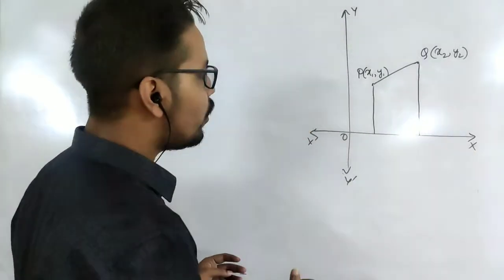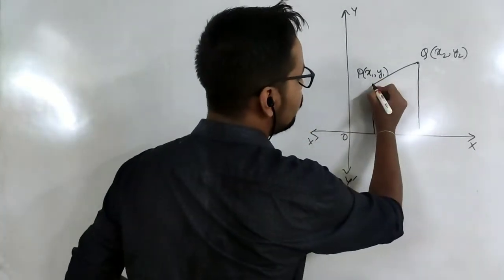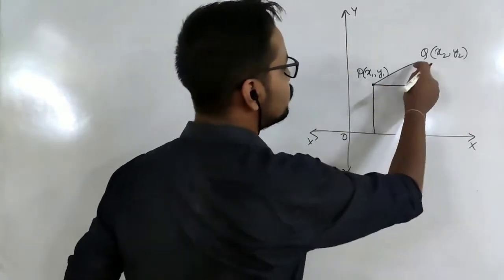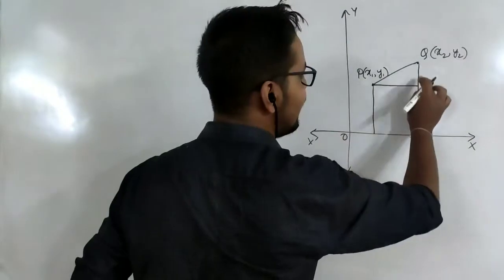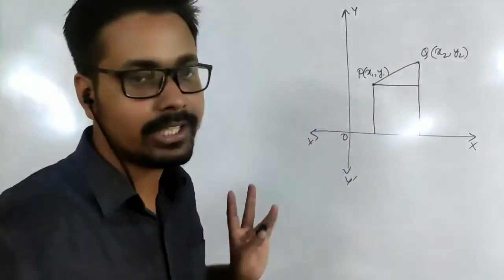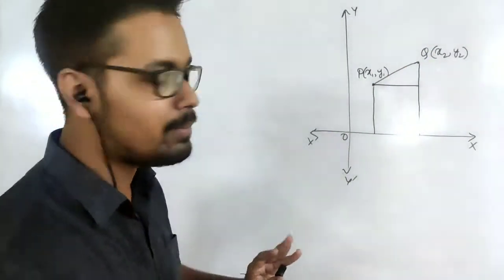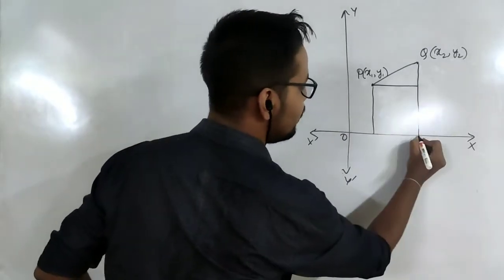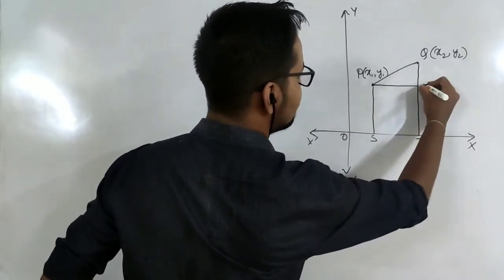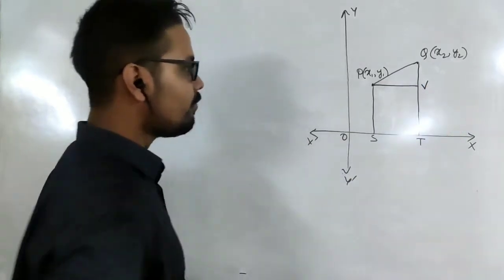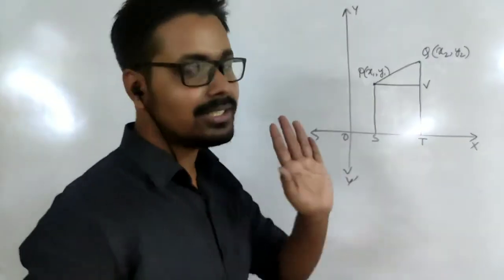Now from point P we will draw another perpendicular to this line so that we form a right angle triangle here. Our aim is to form one right angle triangle, and that is all the construction you need. Now we will give some names. Let's name these three points S, T, and V. What do I have?